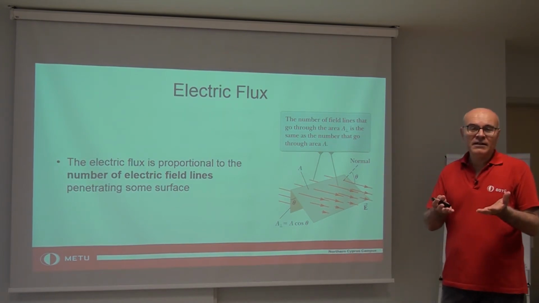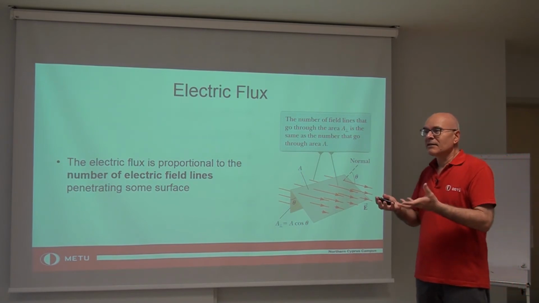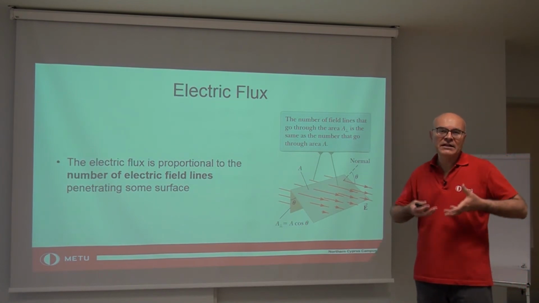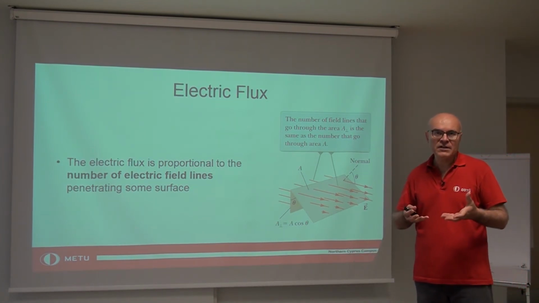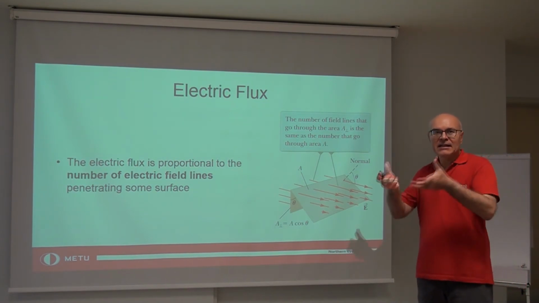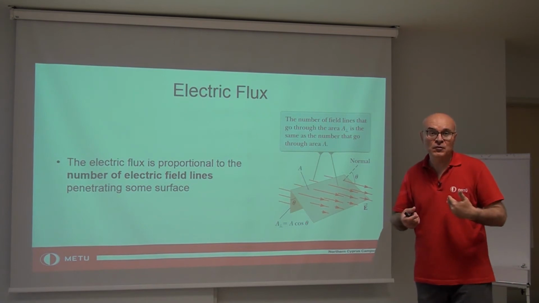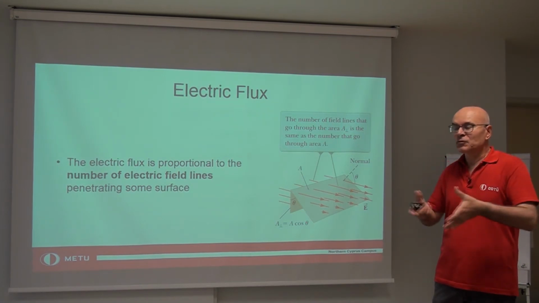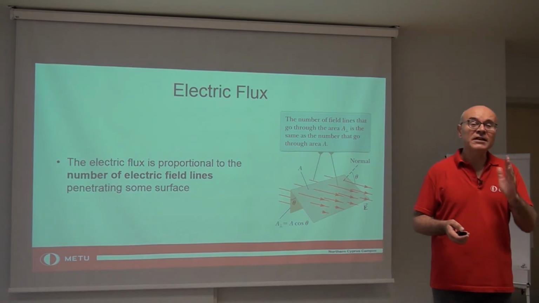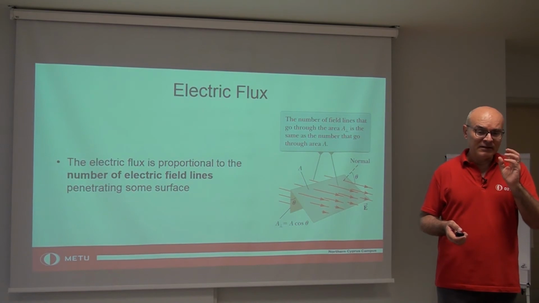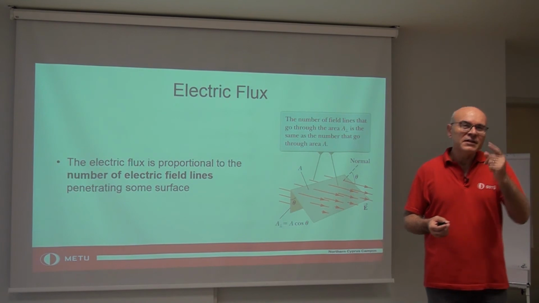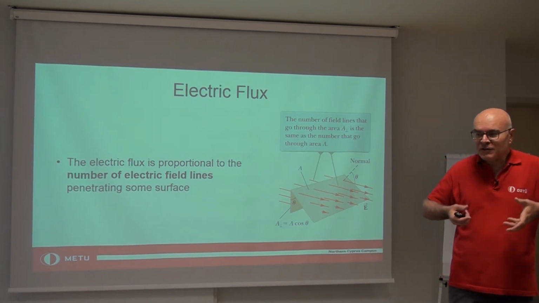And so we can think of the flux in terms of the number of field lines crossing a given surface, because of the relation between the electric field line density and the strength of the electric field that we introduced when we defined how to draw electric field lines. Now, this picture is quite intuitive, and it is welcome because the term flux refers to something that is flowing.